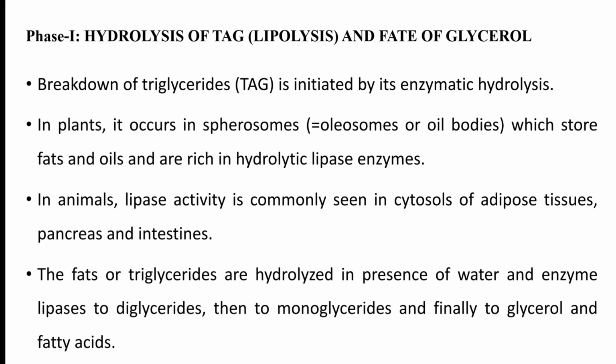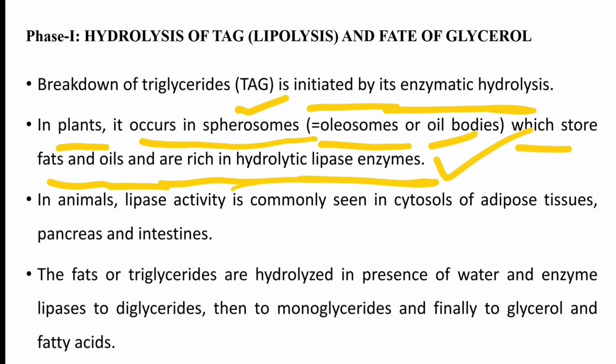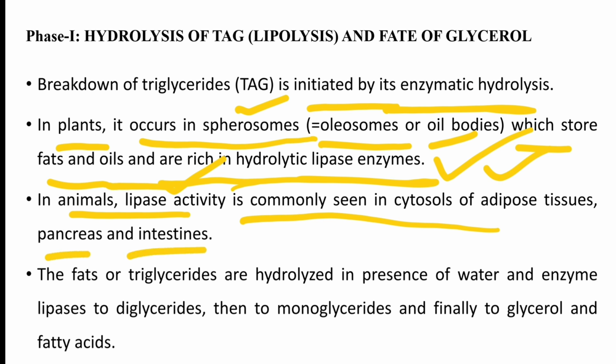At first, the breakdown of glyceride is initiated by enzymatic hydrolysis. In plants, it occurs in the spherosome, a special type of oleosome or oil body which stores fat and oil and is rich in hydrolytic lipase enzyme. In animals, the lipase activity is commonly seen in the cytosol of adipose tissue, pancreas and intestine.